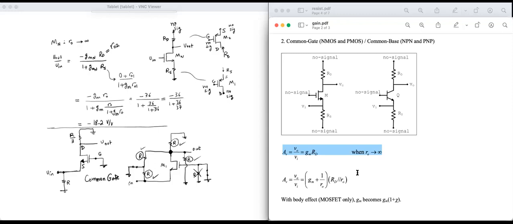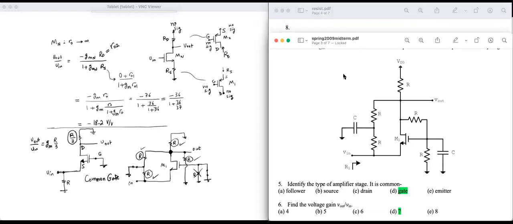GM RD is the gain. So V out over V in is GM times RD. But my RD is this R over 3. So GM times R over 3 is the gain. Common gate gain is positive. So plus GM times R over 3. What was the value of GM? It was 1, I think.